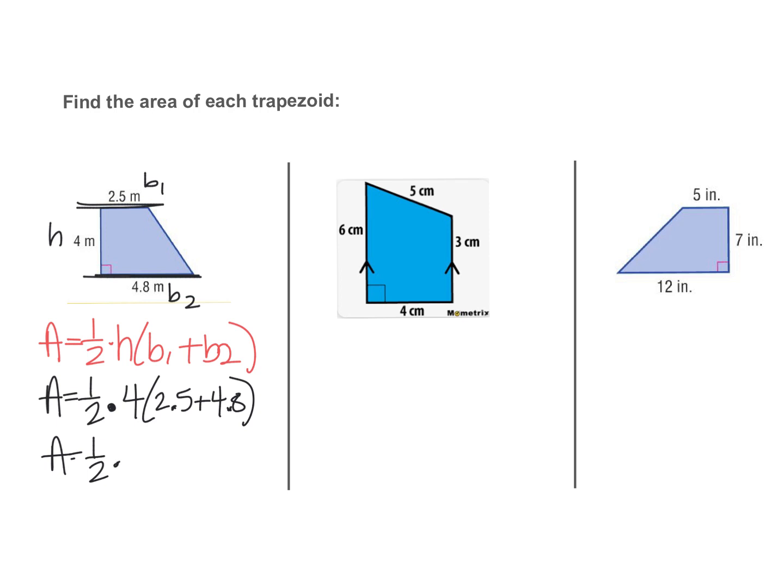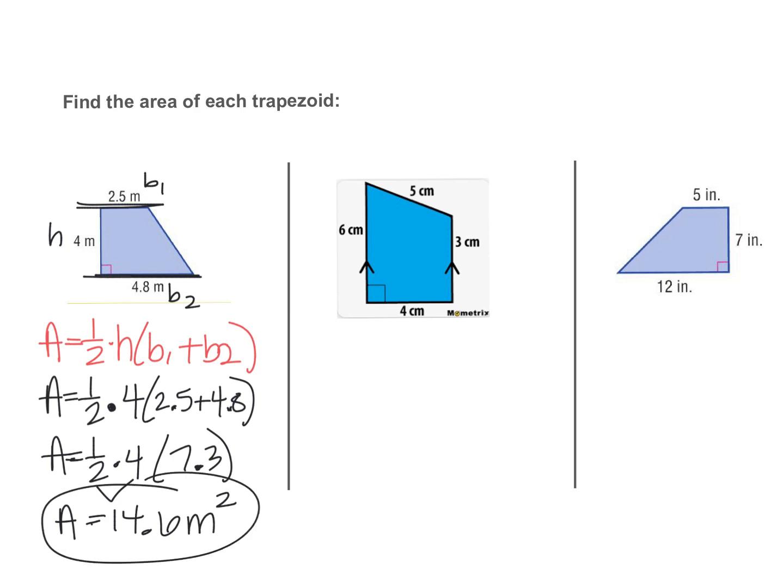We have 1/2 times 4, I'll just keep that in parentheses, times 7.3. Now it's all multiplication, so I just go left to right. I know that half of 4 is 2, so then I'm going to do 2 times 7.3, and I get my area is 14.6. What's my label? Meters squared.